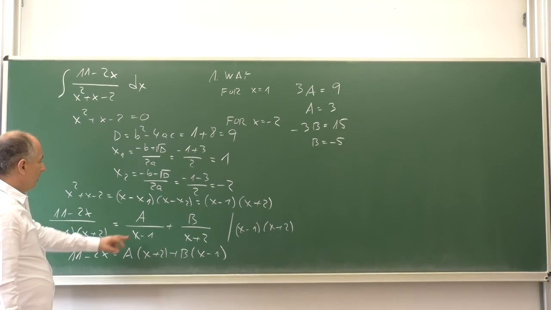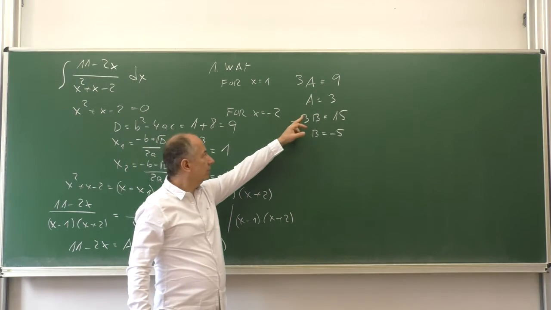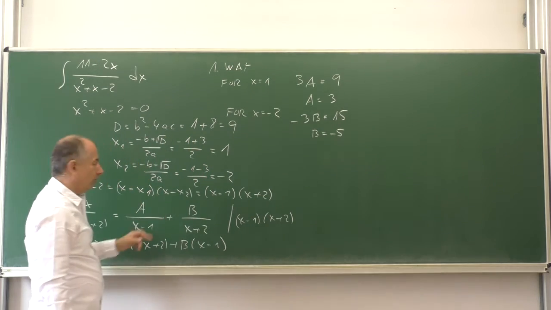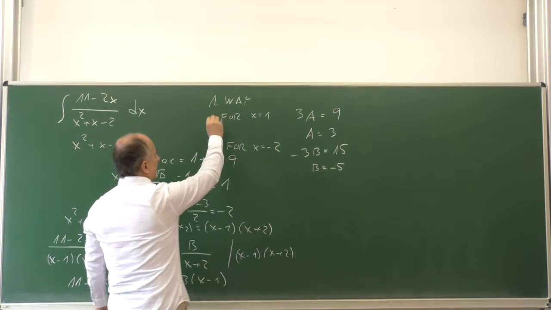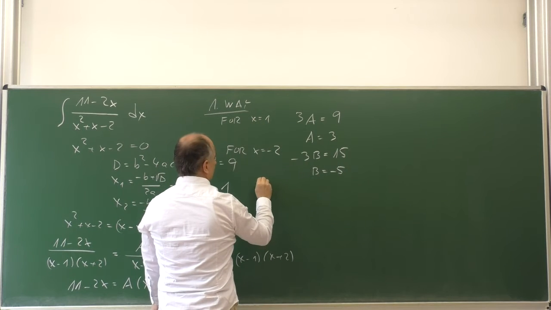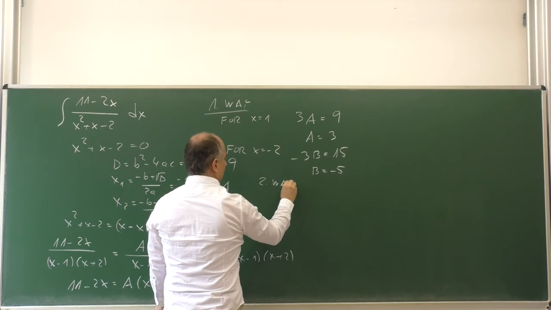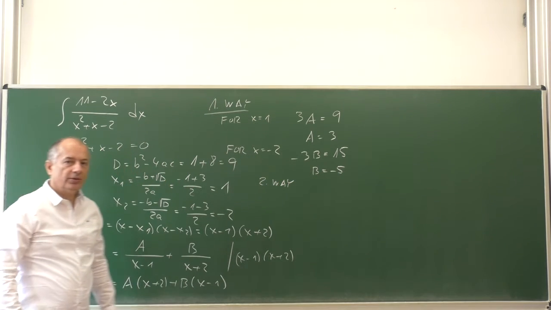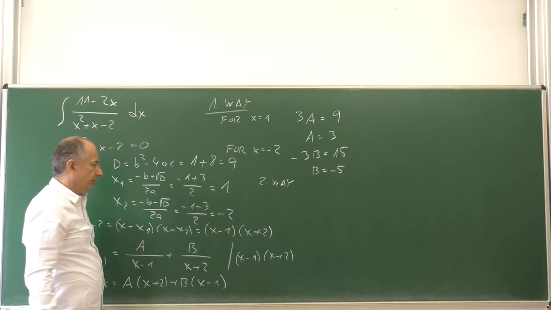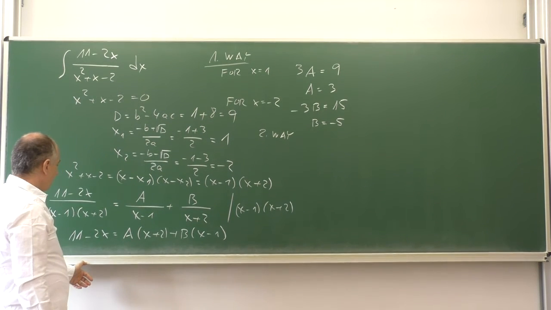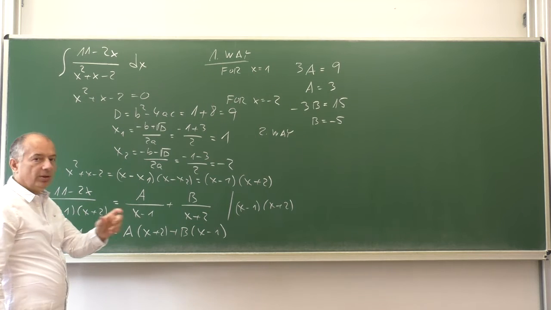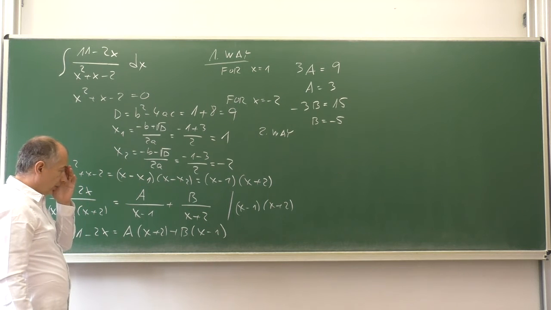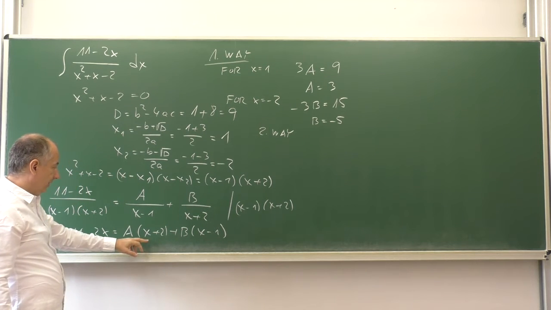So now we can put these values for a and b here and here, and we can integrate. But before we proceed, let me show you the other way. So that was the first way, and let's show the second way, the more general approach. We expand this multiplication and we collect the terms with fixed powers of x.